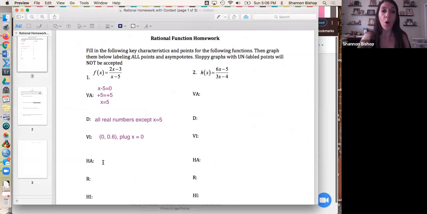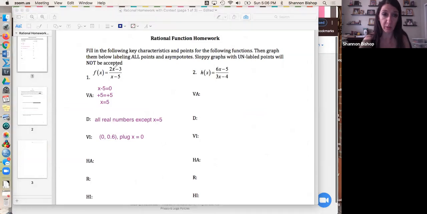Okay, horizontal asymptote. All right, asymptote. So horizontal asymptote comes from the coefficients of the variable. So where's my variable? Right here. So what are the coefficients of the variable? Well, there's a 2 on top and a 1 on the bottom.